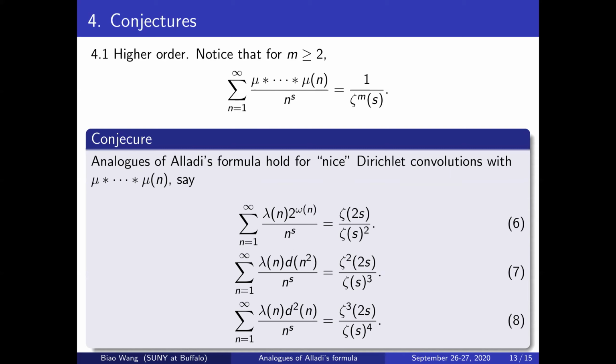This is very different from our main result. So here are some examples for mu.